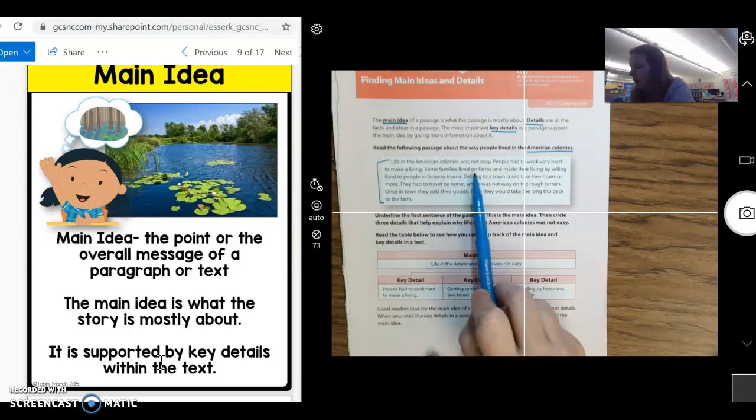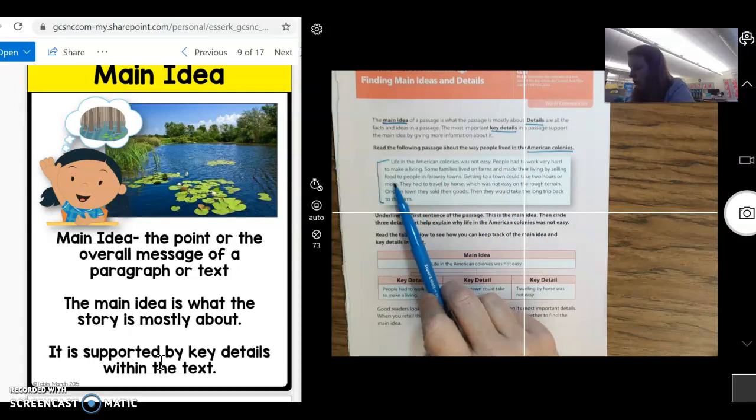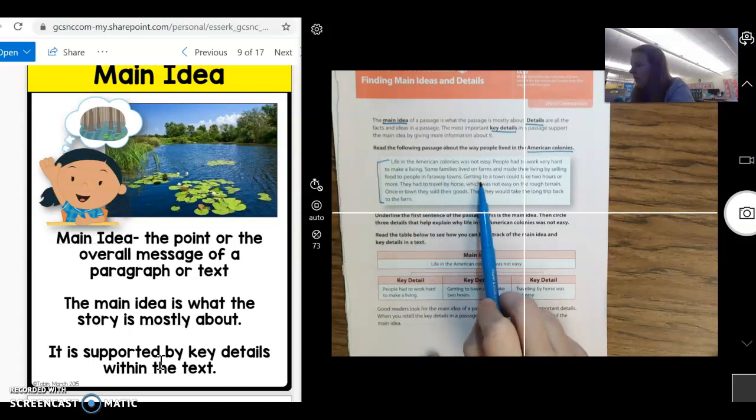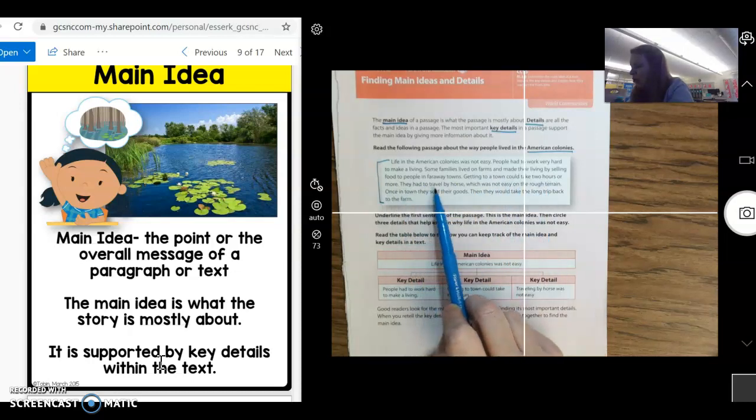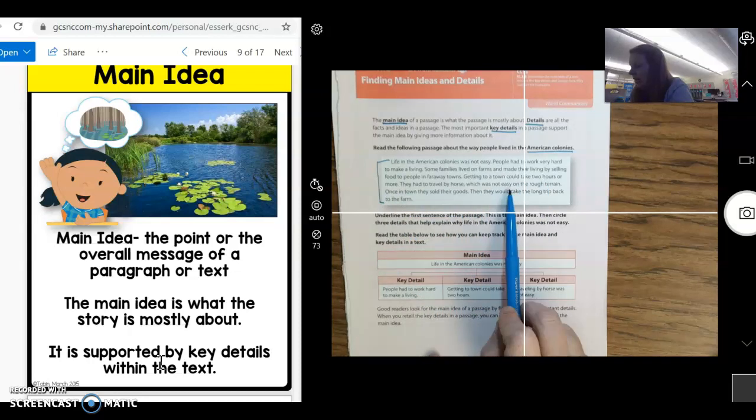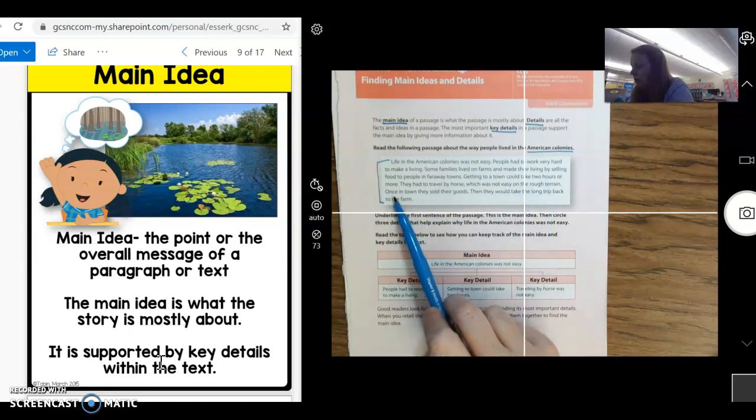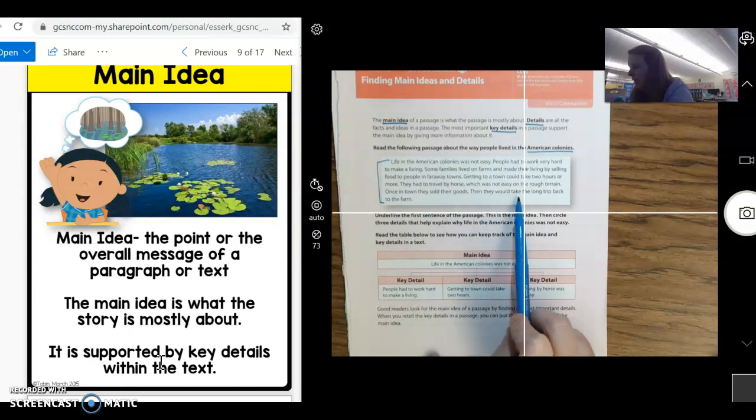Some families lived on farms and made their living by selling food to people in faraway towns. Getting to a town could take 2 hours or more. They had to travel by horse, which was not easy on the rough terrain. Once in town, they sold their goods. Then they would take the long trip back to the farm.